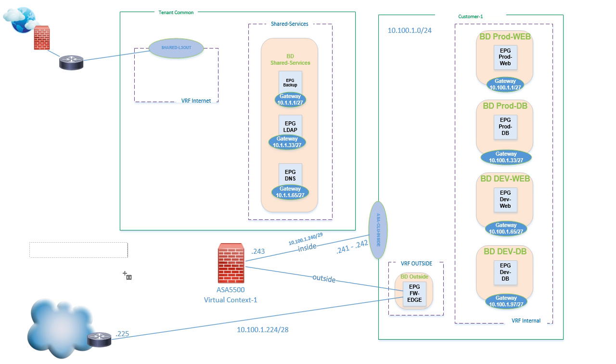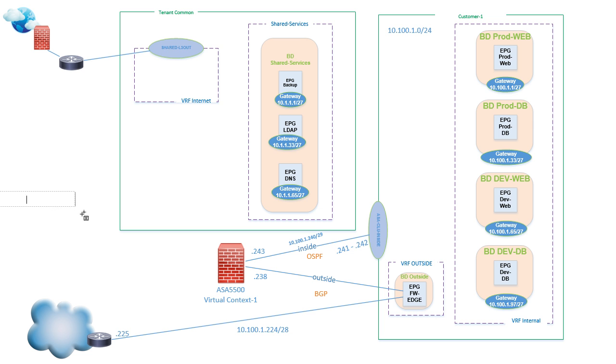The ASA is going to be 238. And like I mentioned before, we're going to do OSPF on the inside, and we're going to be doing BGP on the outside.